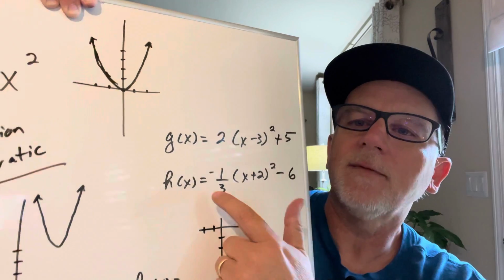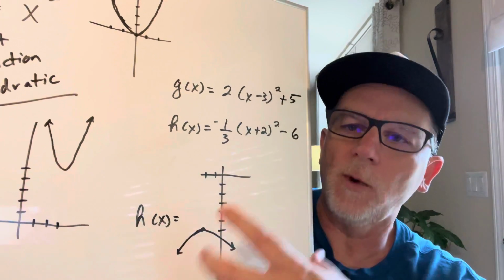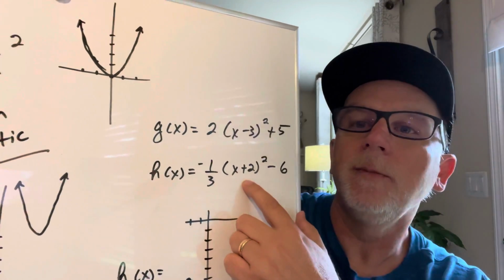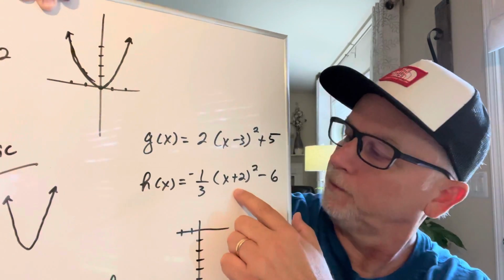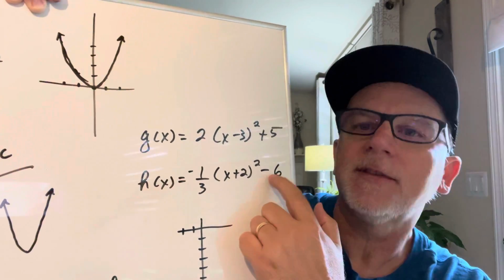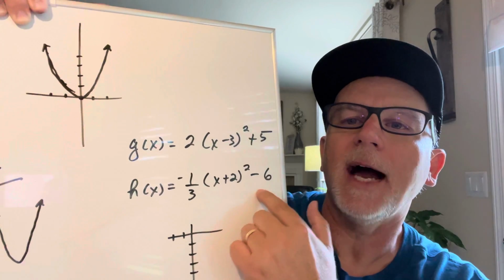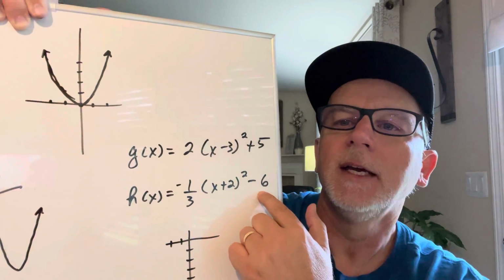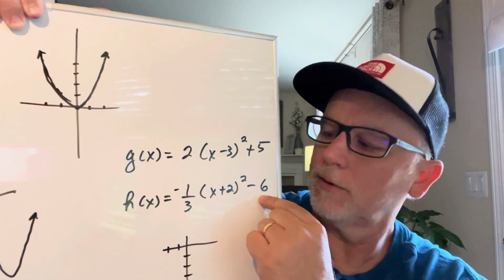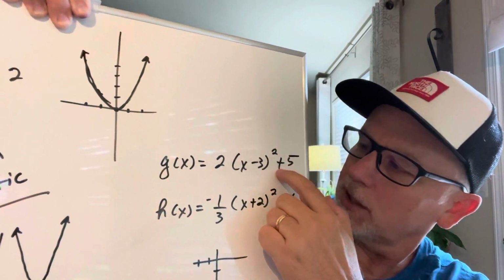So the negative means it's going downward. The 1/3 means it's going to be thicker or wider. The plus 2 means it's shifted to the left 2, down 6. So the number that you have tacked on here on the outside of the parentheses is vertically shifting it up or down. So this is down 6. This was up 5.